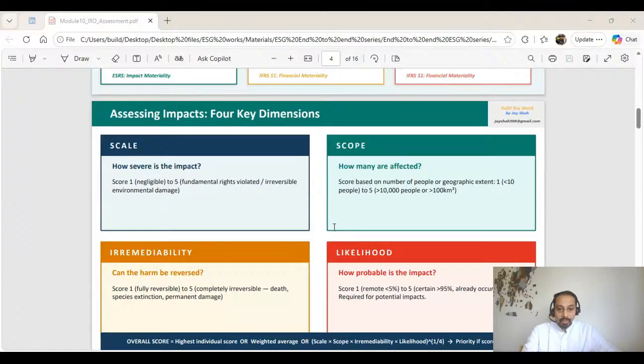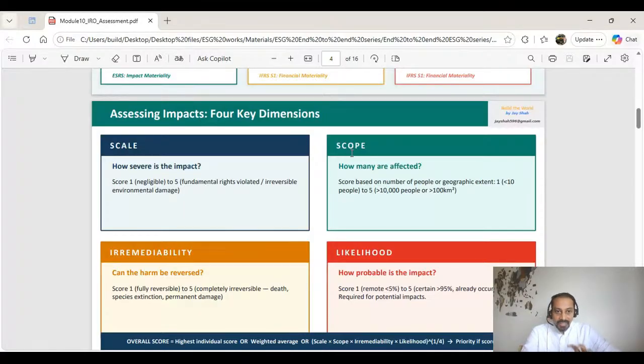The general rule is if the overall score is above 3 on a 5-point scale, you would treat the impact as potentially material and subject it to further assessment. Below the threshold, you can document it and set it aside unless circumstances change. It depends on your product and service. So these are the overall assessment requirements for any kind of impacts, and we will see these four key dimensions in the Excel sheets to see how it works.